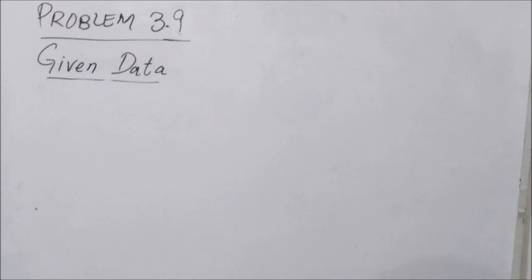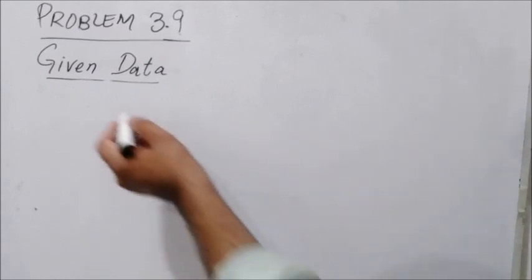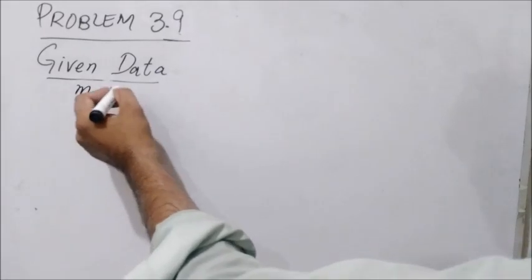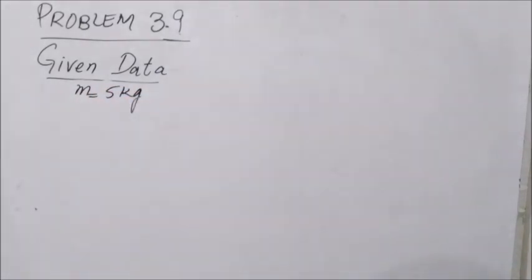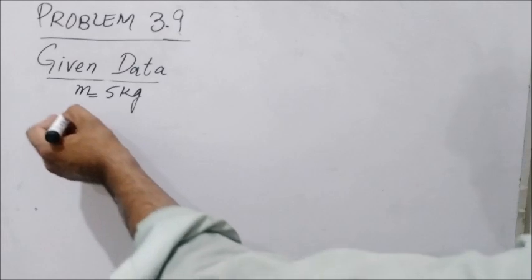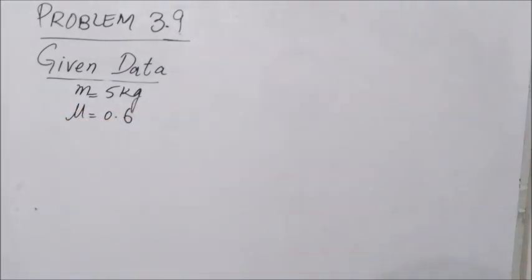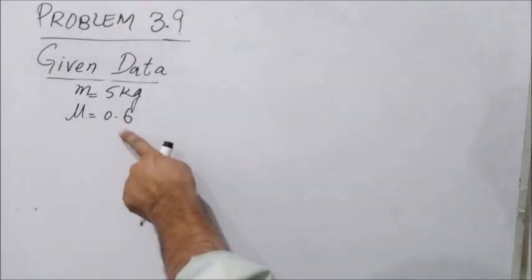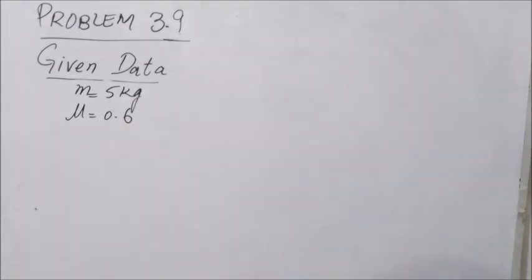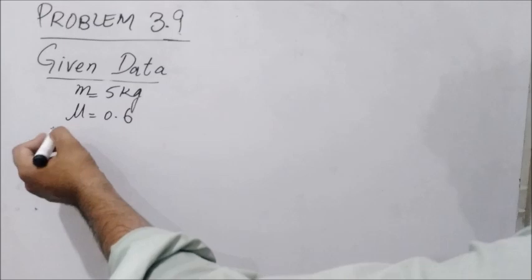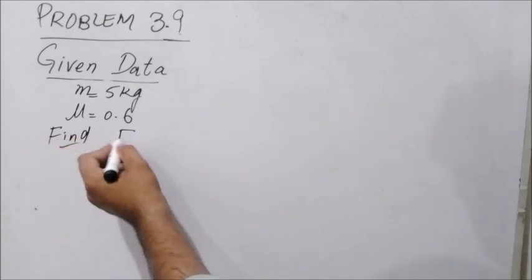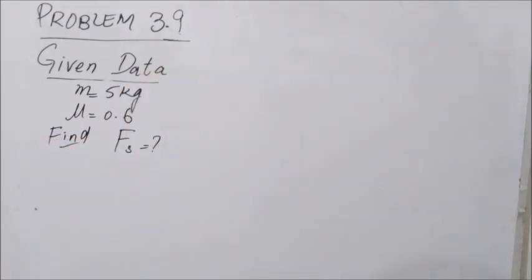In problem 3.9, how much is the force of friction on the wooden block of mass 5 kg? The mass is 5 kg, and the coefficient of friction between the wooden block and the marble floor is 0.6. It has no unit because it is the ratio between the same quantities. So we will find the force of limiting friction.